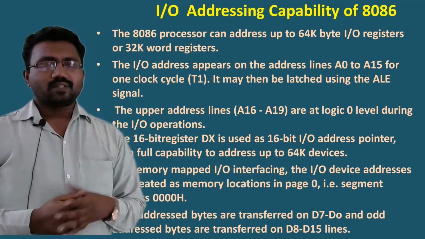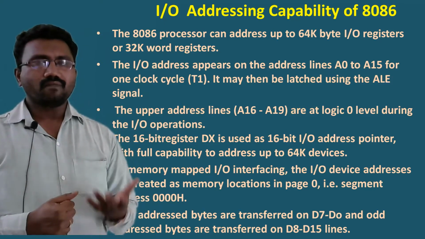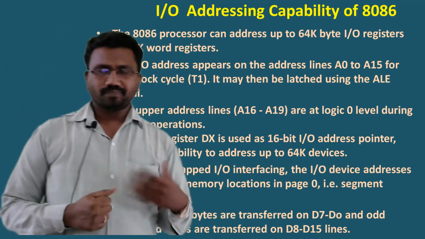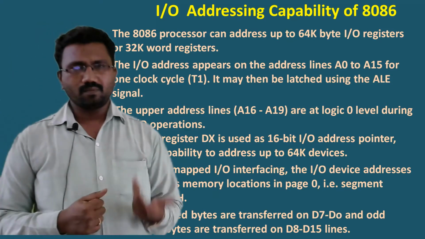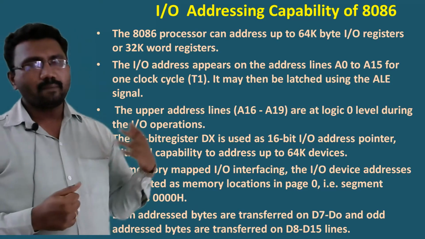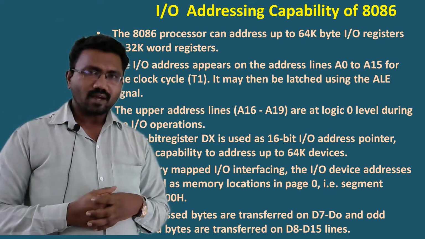Memory address space is nothing but the number of addressable locations in the main memory. I/O address space is nothing but the number of I/O addresses generated by the 8086 processor. 1 MB is the memory address space, 64K is the I/O address space.